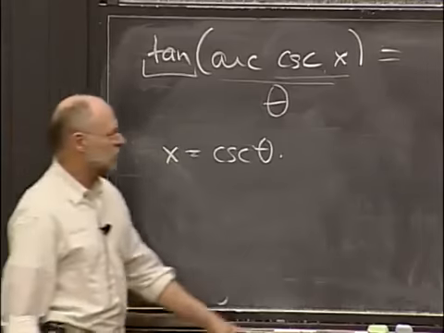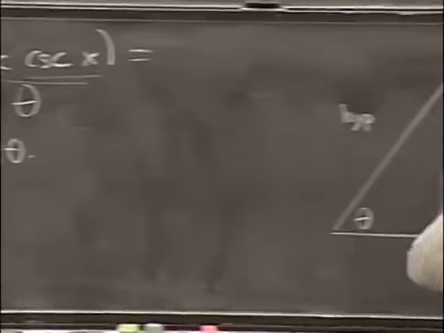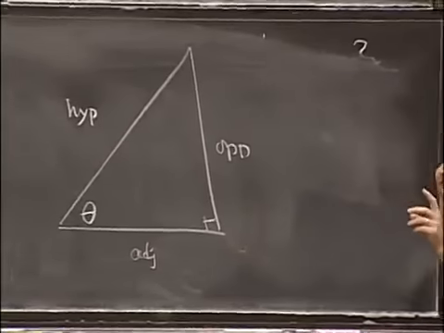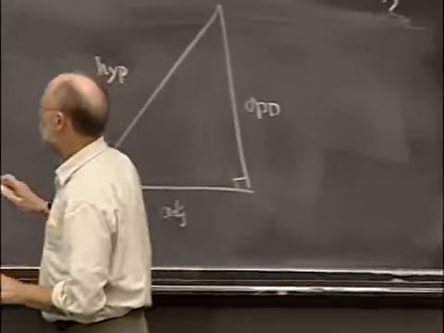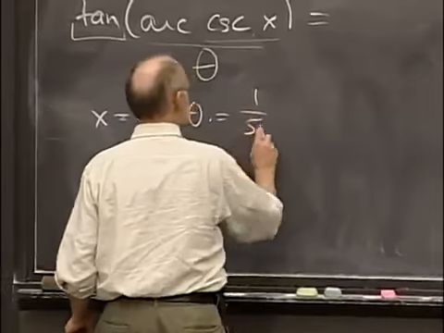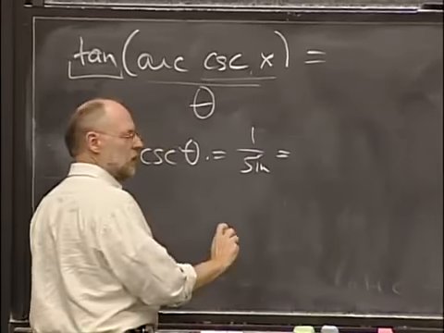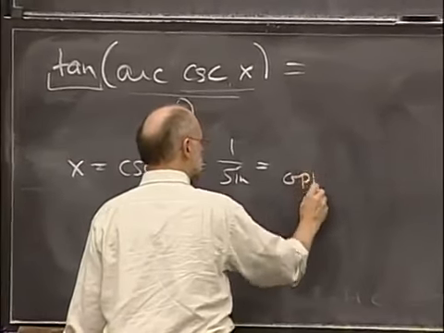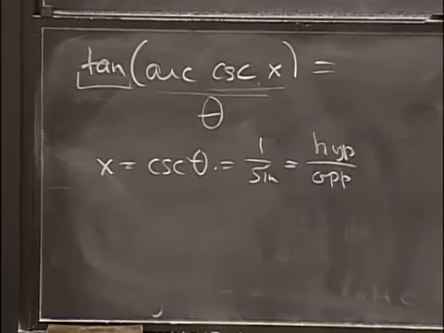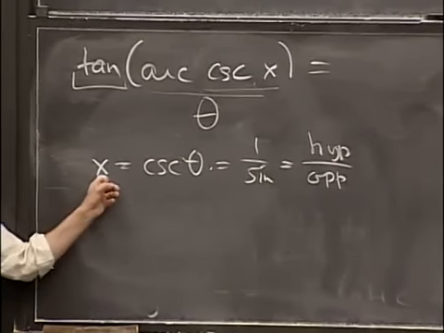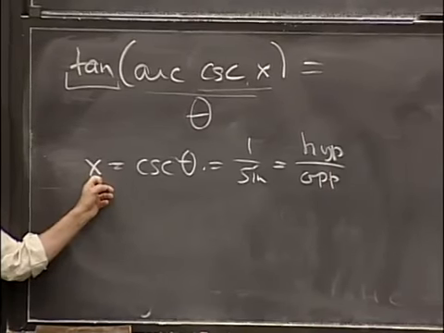So what will I take the sides to be to get the cosecant? Cosecant is 1 over the sine, and the sine is the opposite over the hypotenuse. So I get hypotenuse over opposite, and that's supposed to be what x is, okay?